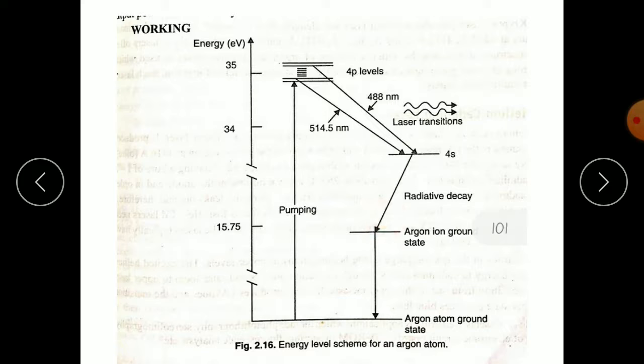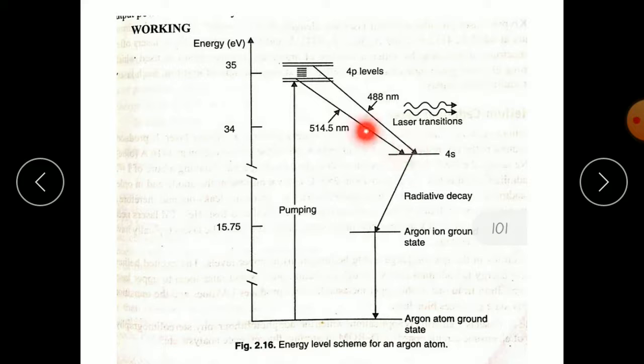Whenever a transition takes place from this 4p level to this level, it emits a wavelength of 4881 angstrom. This is in the blue region, while this other transition emits a wavelength of 5145 angstrom, which is green.